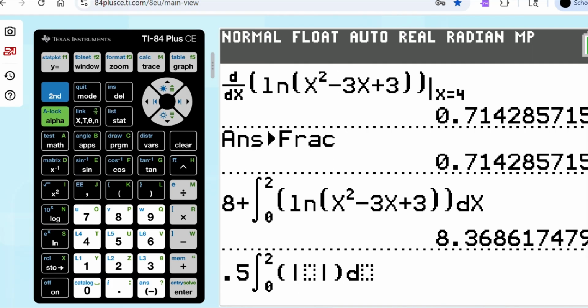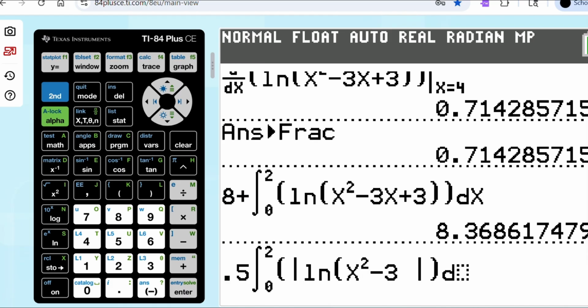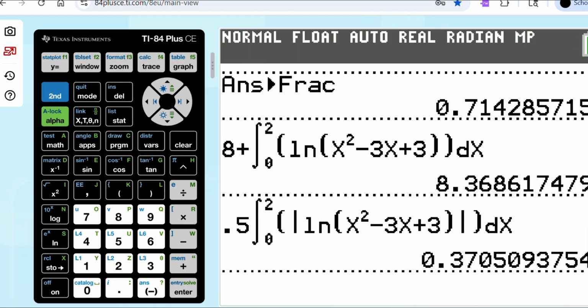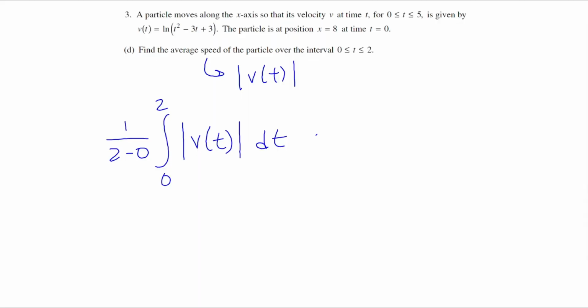And then we'll just put in our function, natural log of x squared minus 3x plus 3. We'll close off our parenthesis for the natural log. We'll go outside here and put our dx, and we get 0.371 when we round.